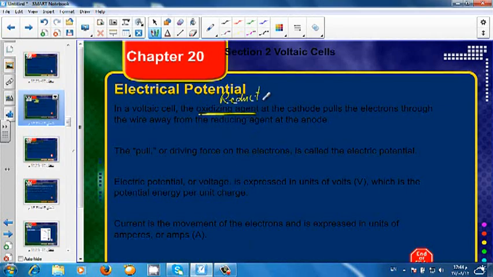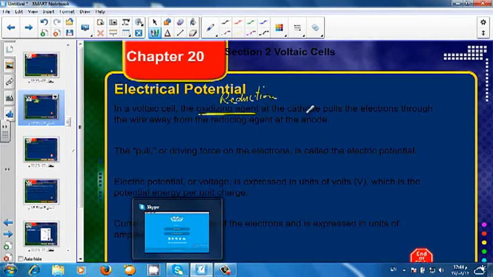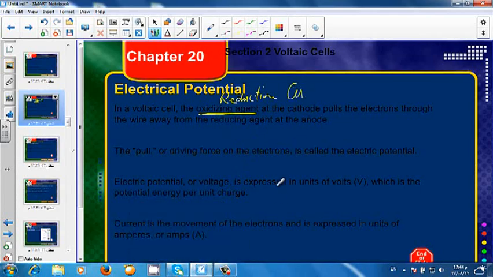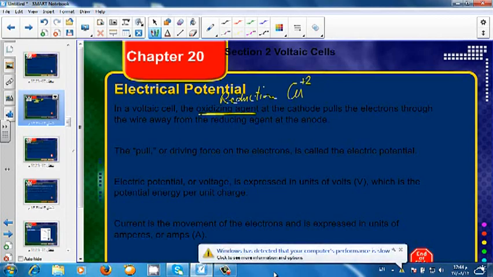That is reduced, at the cathode, which is the copper. So the copper ions here are the oxidizing agent, which is the part that gains electrons. Of course, they pull electrons.